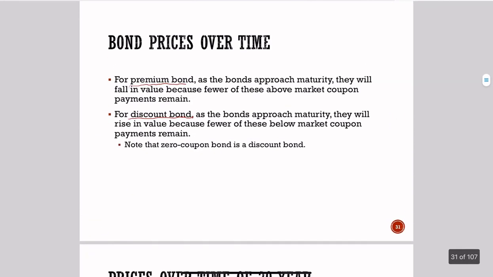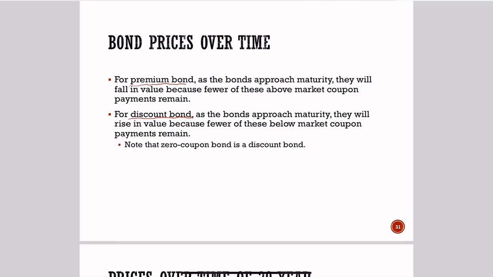And the second type of intuition is given by the lecture note. So think about why a bond would become a premium bond. Well, it's because its coupon rate is higher than its yield, or higher than the interest rate. So as the investor, right, you would get higher than normal coupon payments before the maturity date.